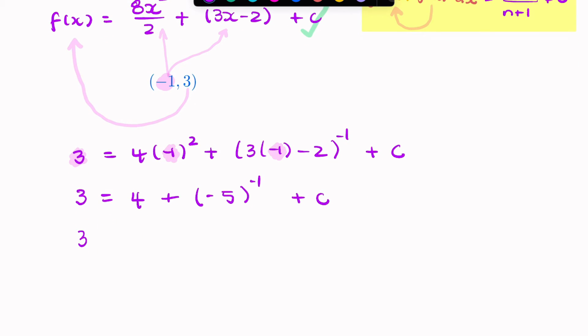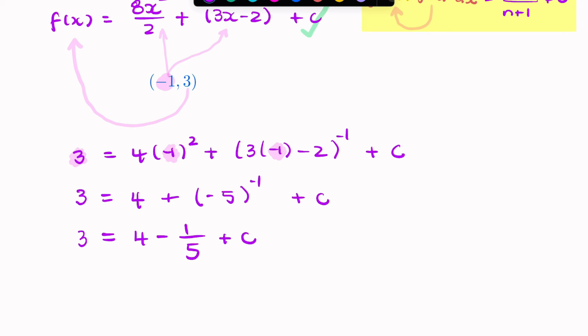So 3 equals 4 minus 1 over 5. So that minus is there, and that brings your 5 down to the denominator, plus c. So 4 minus 1 over 5 is 3 4/5.